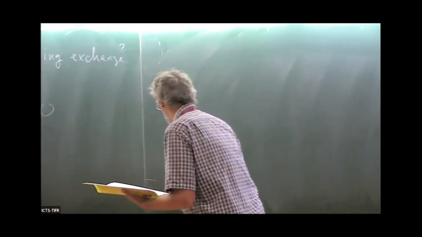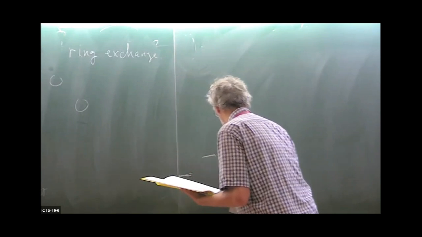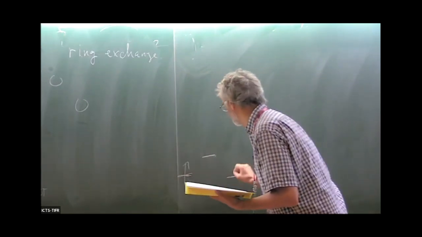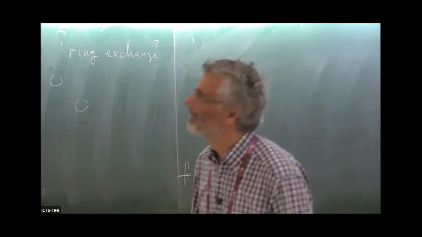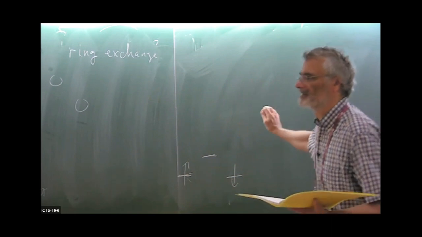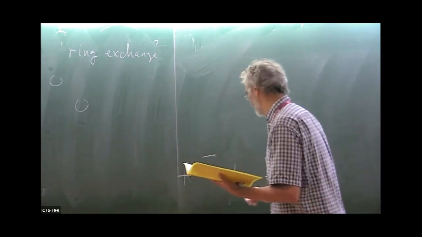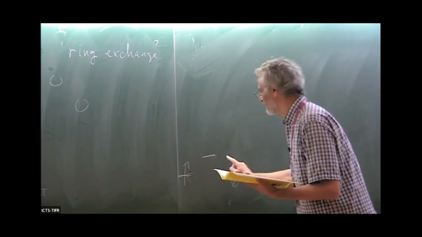Okay, so we have the copper, oxygen, copper, and we start from this here. Up spin on copper. Okay, 5 minutes shall be enough to get this right. So we have the two occupied copper orbitals.